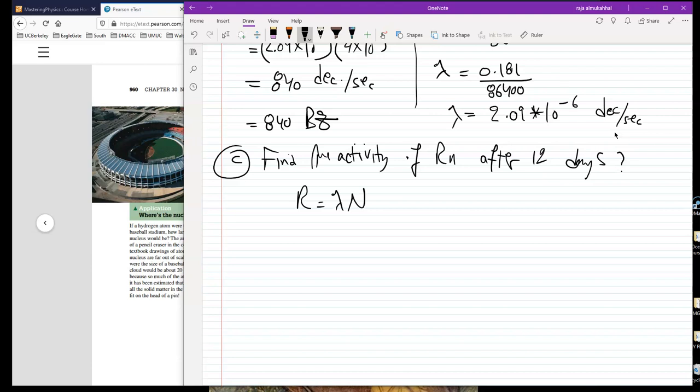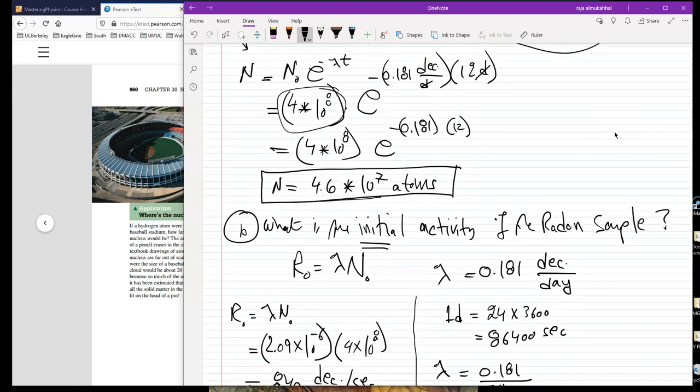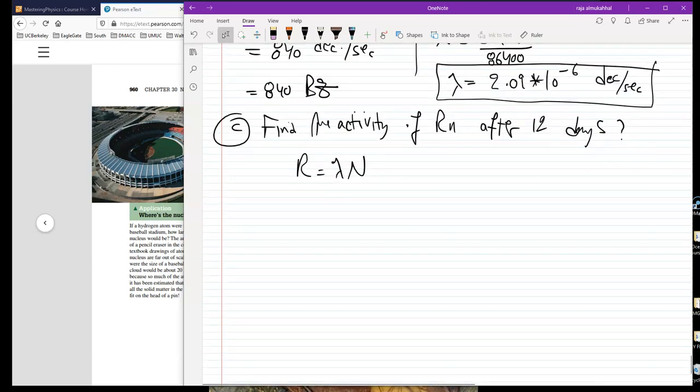You see what I'm saying? Lambda, I already got it. Lambda is a constant. So I know that. And N here after 12 days, I already got it from part A, remember? Here is part A. I got the N right there. So all I need is just plug in those two numbers. So that's going to be lambda, 2.09 times 10 to the negative 6, times N. What is it?